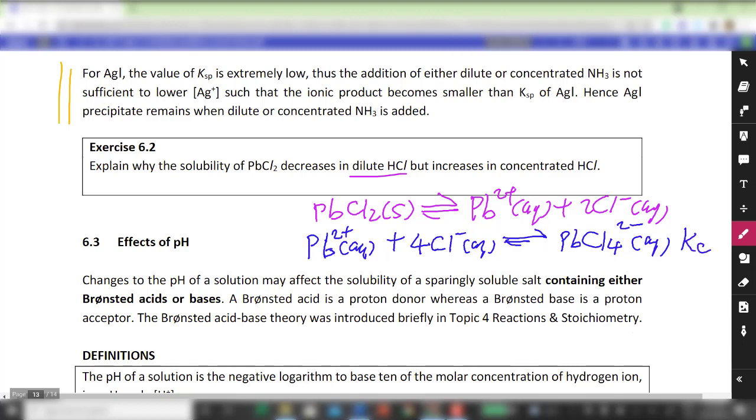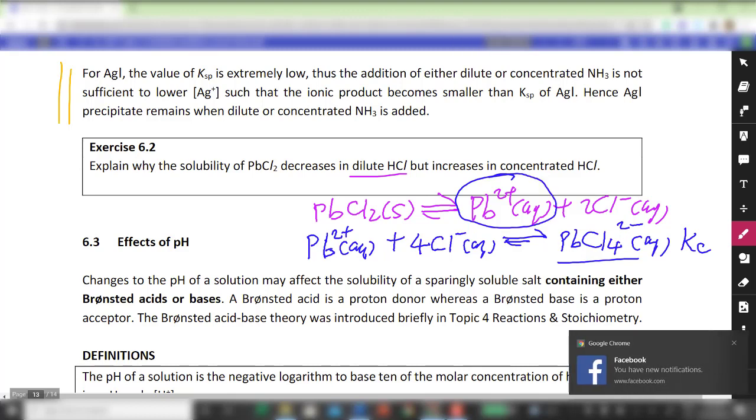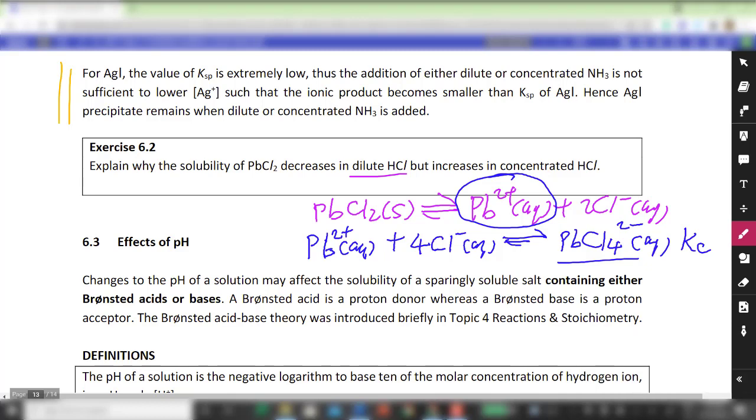The formation of this complex, called the tetrachloroplumbate(II) complex, will remove lead(II) ions from the dissolution of lead(II) chloride. Because Pb2+ is being removed from the first equilibrium, it will encourage the lead(II) chloride equilibrium position to shift to the right, so it becomes more soluble.